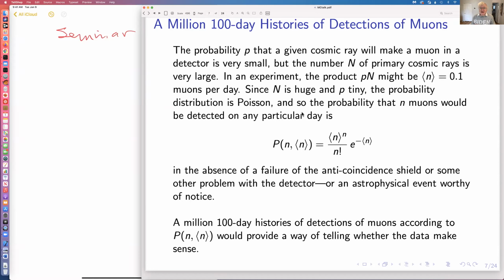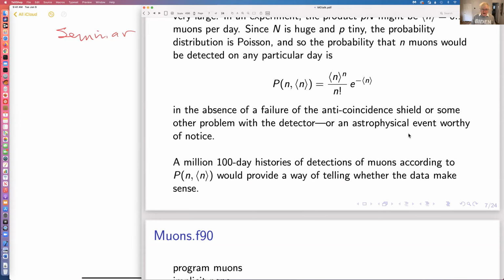This holds in the absence of some problems with the experiment, a failure of the anti-coincidence shield, or some other problem with the detector, or some astrophysical event that you should be paying attention to, like a supernova in a nearby galaxy.